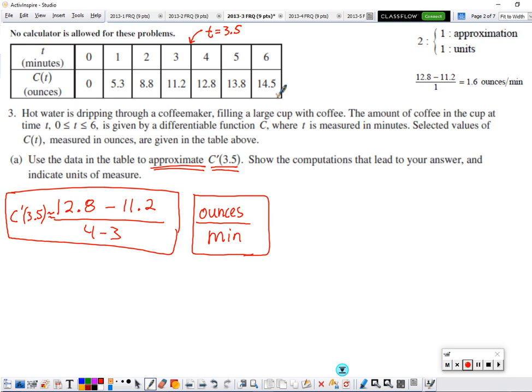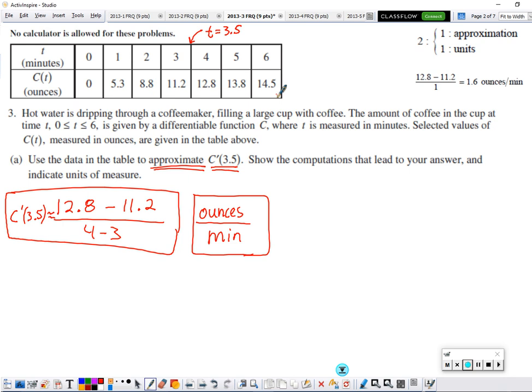Average rate of change is common sense. At time 4, there's 12.8 ounces in the cup. At time 3, there's 11.2. So over that 1 minute time period, the amount in the cup went up by 1.6 ounces per minute. If it's a rate, it has to be a ratio.